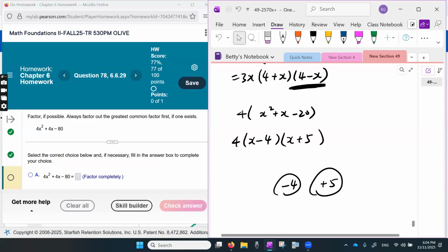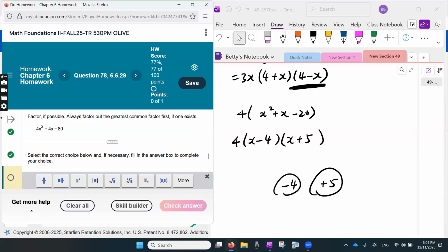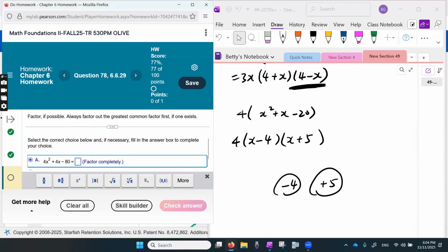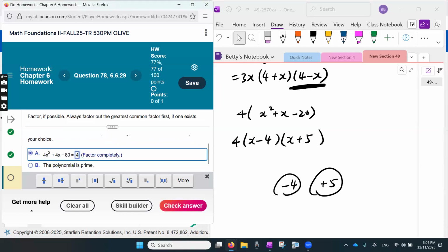So the factorization is 4 outside, parentheses times parentheses. Inside the first parentheses, we have x minus 4. Inside the second parentheses, we have x plus 5.